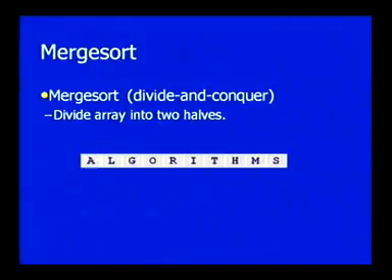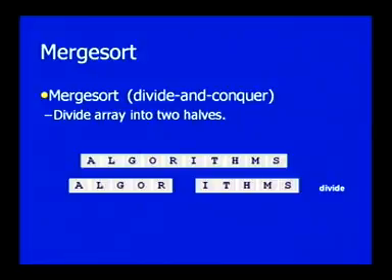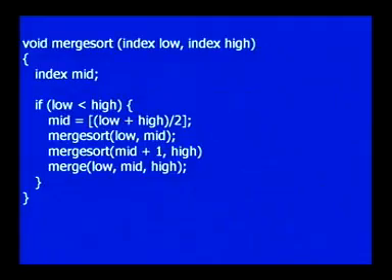Fine, let us take a numerical example and then we will try to see how these things are really working. Kindly take this example. So, I am trying to divide. You can see my main algorithm is exactly similar to my binary search only, there is no difference. If low less than high, find mid, then merge sort low to mid and mid plus 1 to high.